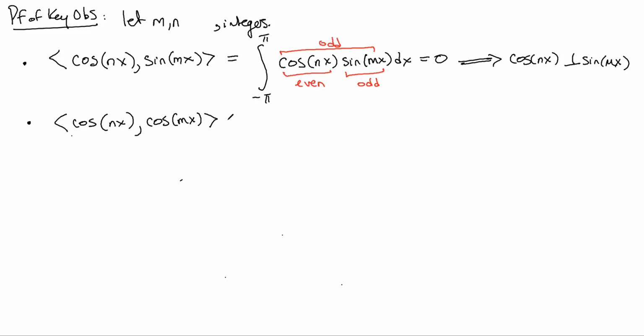Okay, so now let's do the second. Let's look at two cosines. What is this? This is the integral of cosine nx cosine mx dx, and now we need to do some Math 1B. Anybody know how to do this integral?